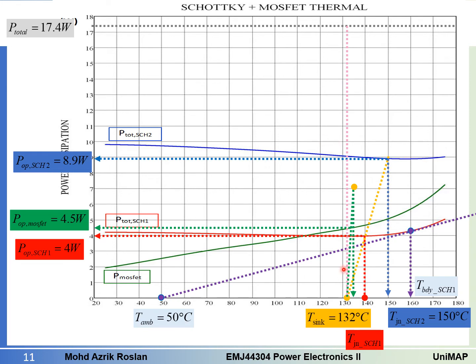This is the line, and then we can connect this to the ambient temperature. So this is the thermal resistance slope for the heatsink. It is required to cool down all the components that we have, which are 2 Schottky diodes and 1 Mosfet.